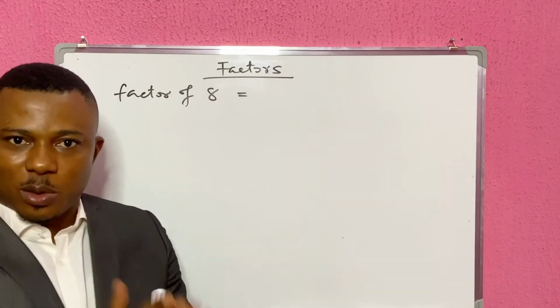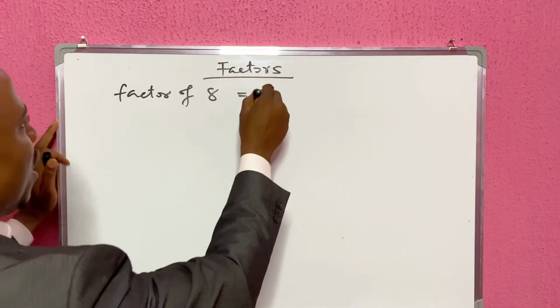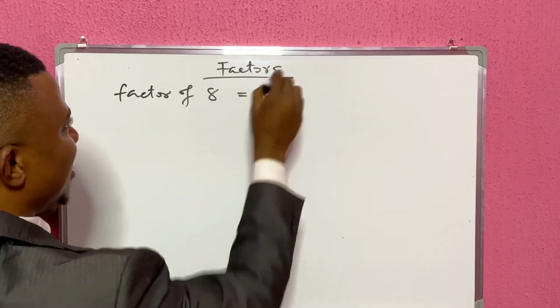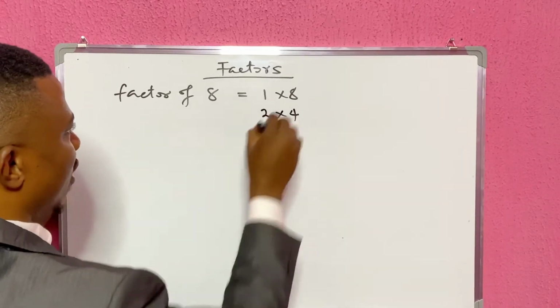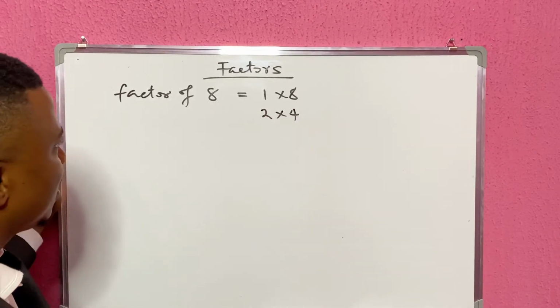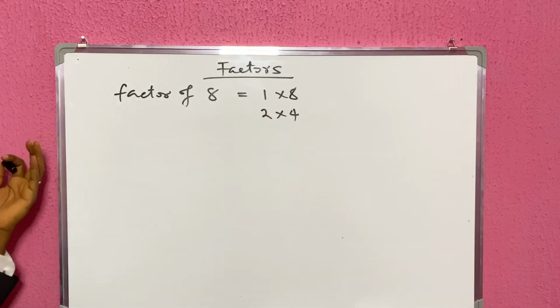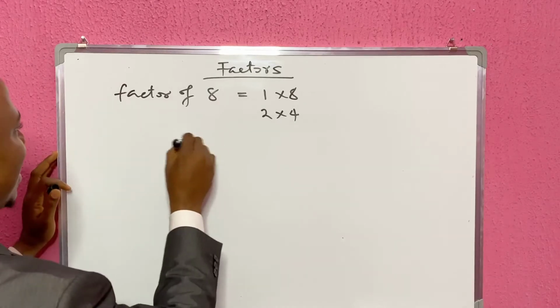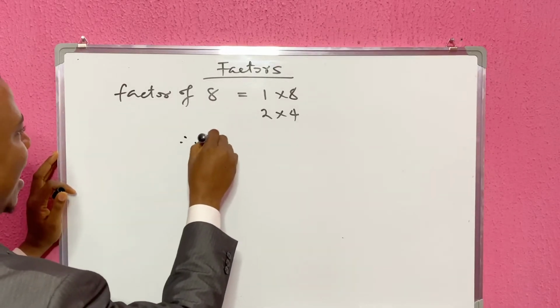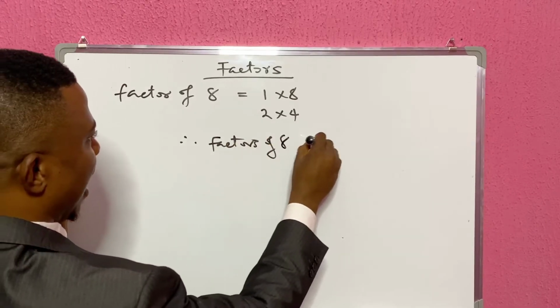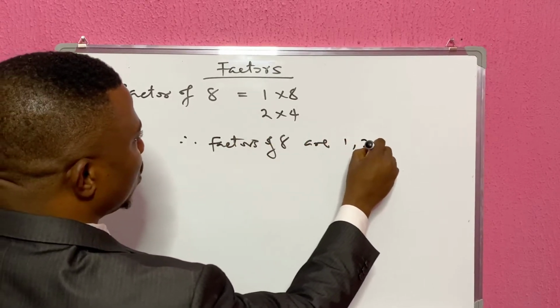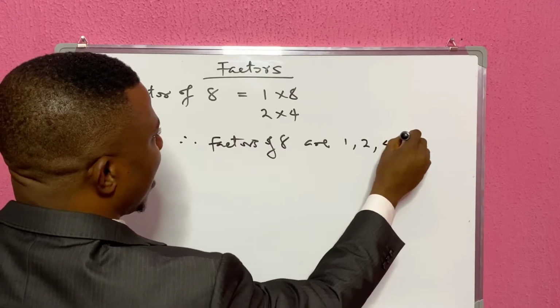They are the factors. That is, 1 times 8 are factors, 2 times 4 are factors. This means that the factors of 8 are 1, 2, 4, and 8.